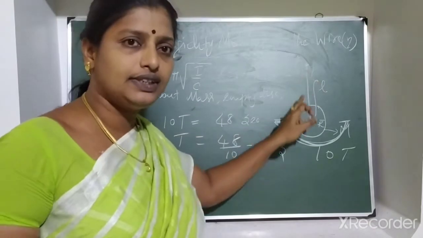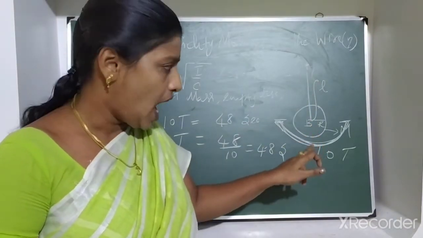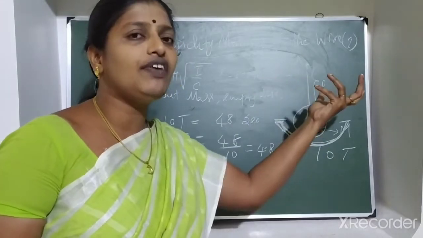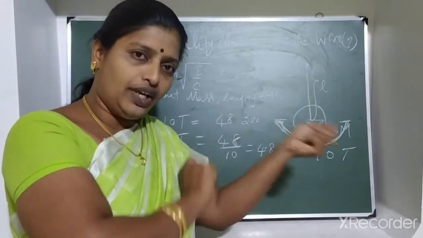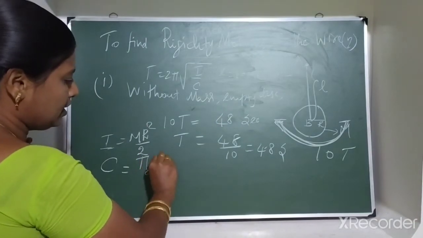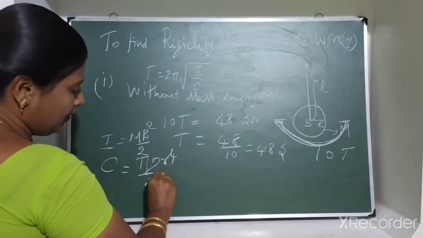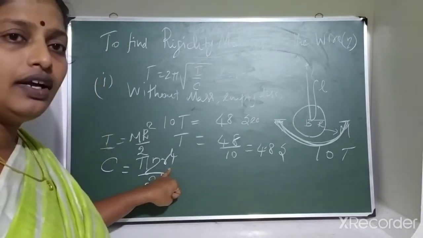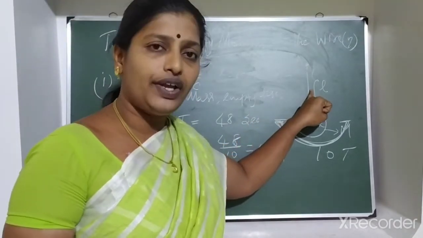This is the wire, steel or brass wire taken, and both we twist, that is, rotate the body. Okay, this constant value is pi eta r to the power 4 divided by 2l, where r is the small radius of the wire.